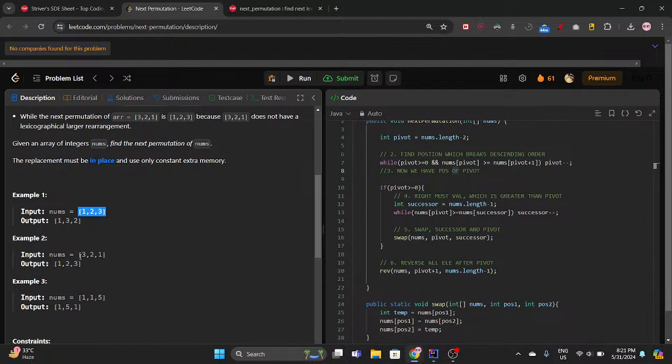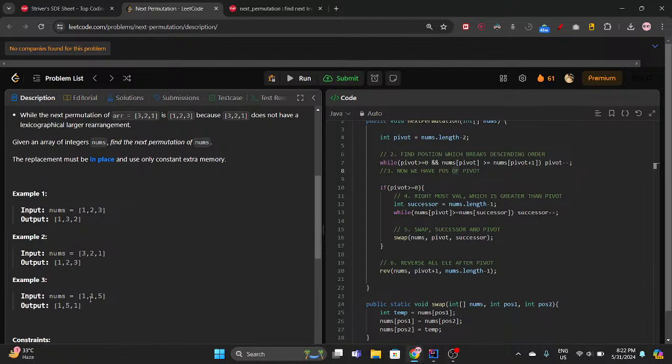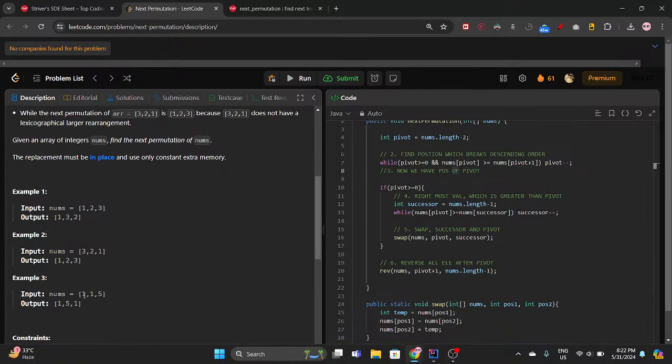So here 3 is the pivot, so the rightmost successor. Here there is no pivot. So here 1 is the pivot.